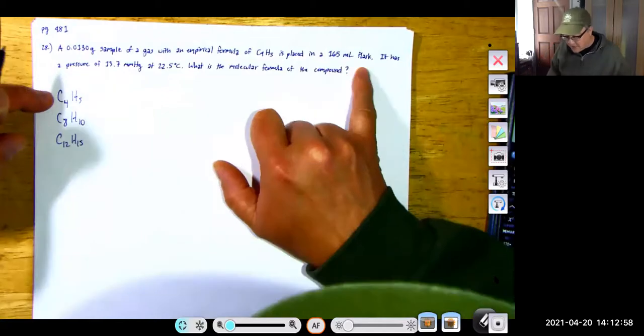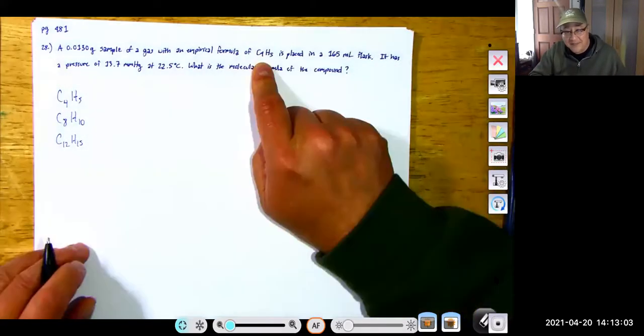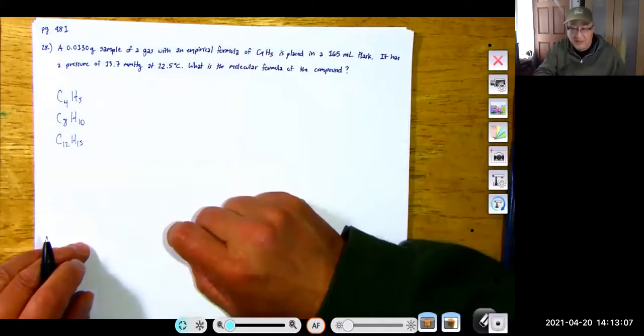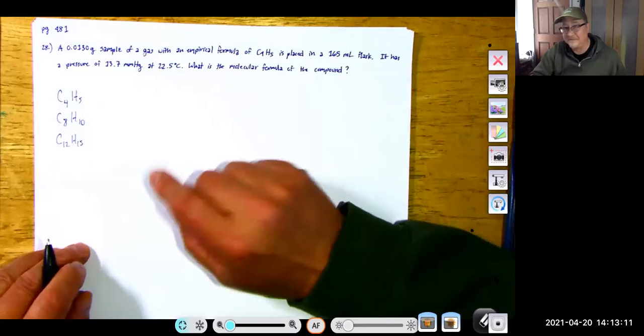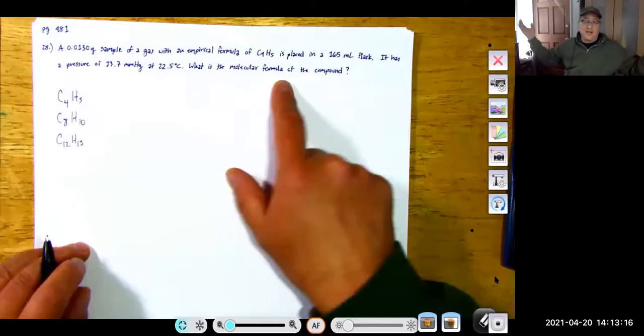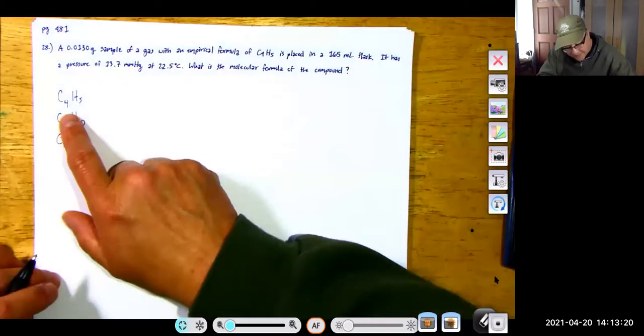And I'm almost thinking, you know what? I bet they want us to figure out what the real formula is by getting its molar mass and then seeing which one of these it matches. I bet that's what the problem is, right? So it has a pressure. What is the molecular formula?